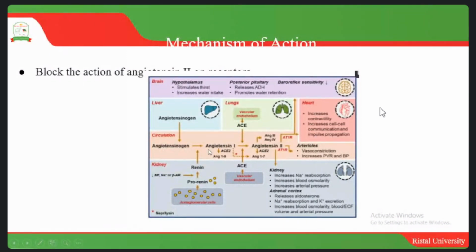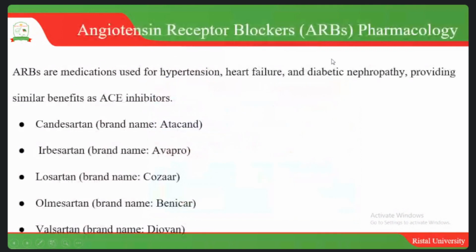So all this mechanism you're seeing here is all because of the effect of these angiotensinogens into the system. So when this succeeds and there is no impact from angiotensin receptor blockers, then the heart can fail.